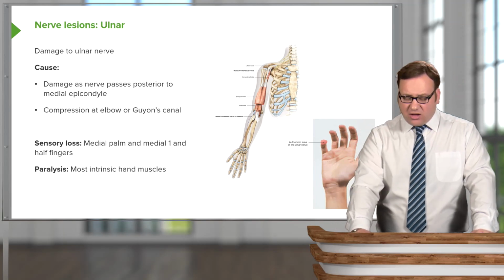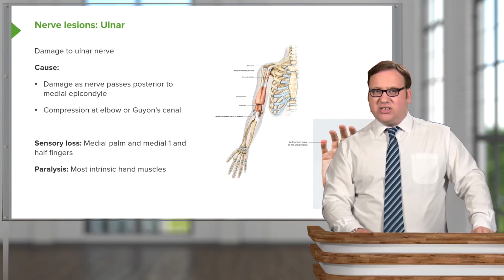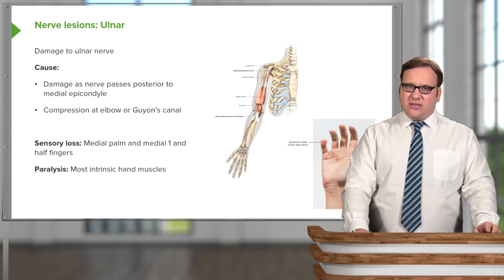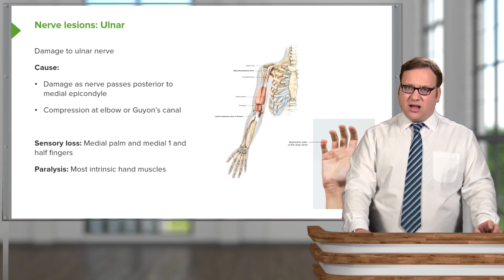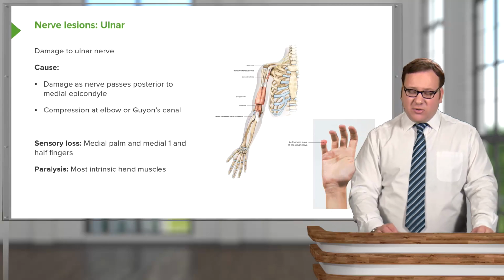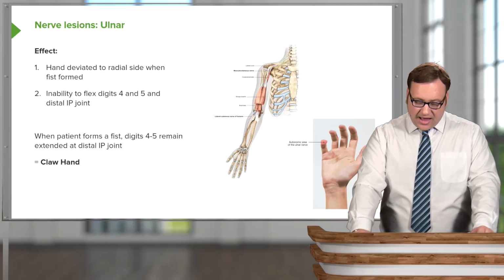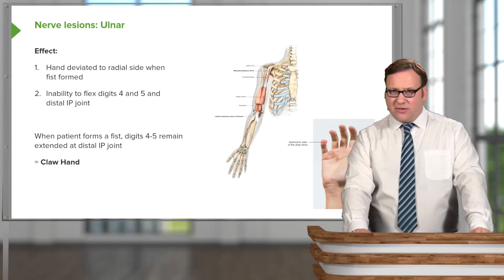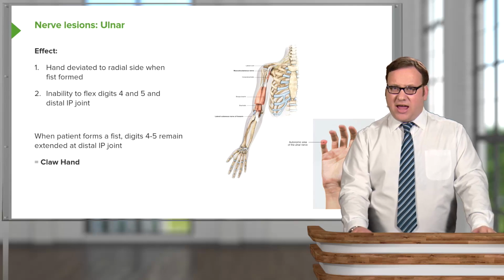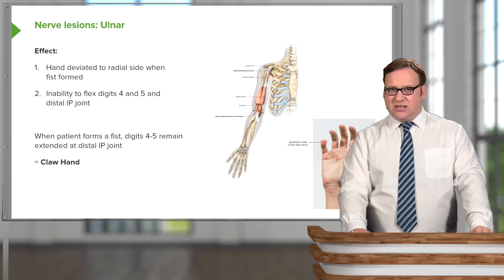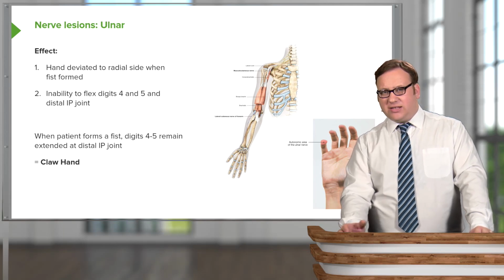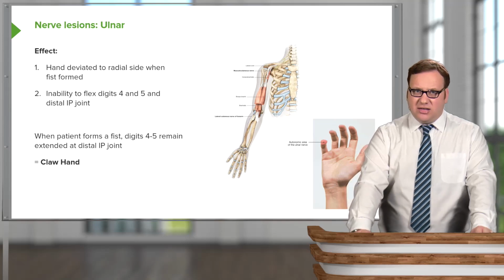You'll also have paralysis of the vast majority of the intrinsic hand muscles: the medial 2 lumbricals, the interossei, and the hypothenar eminence muscles. These will be paralyzed, with effects on functionality. The hand will be deviated to the radial side when a fist is formed, because flexor carpi ulnaris is no longer able to make an even flexion of the wrist, so the flexor carpi radialis will pull it towards the radial side, giving radial deviation.